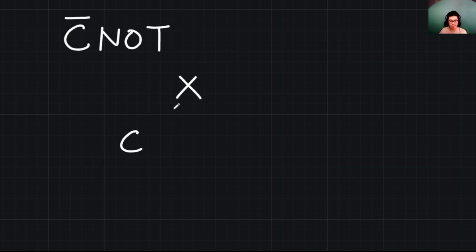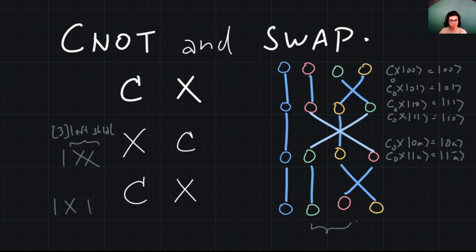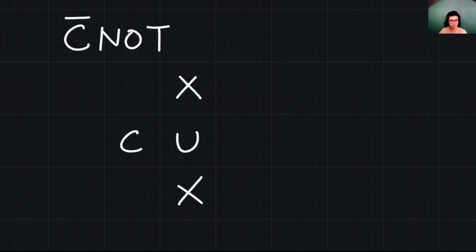Let's try another example. So let's try the inverse C0, C0, C0 gate. So let's consider this circuit. So we have X, then we have C, then unitary gate, then X. So how would the sigil view be like?